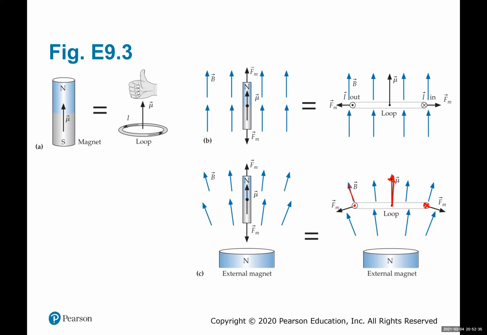The field points this way, but the force points down a little bit, perpendicular to it. And so there's a net attraction, which helps explain why if we reverse the magnet, we get repulsion or attraction. If we change the orientation, we change the direction of mu, which changes the direction of the net effect.